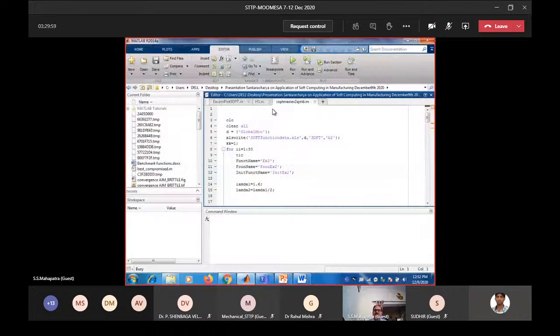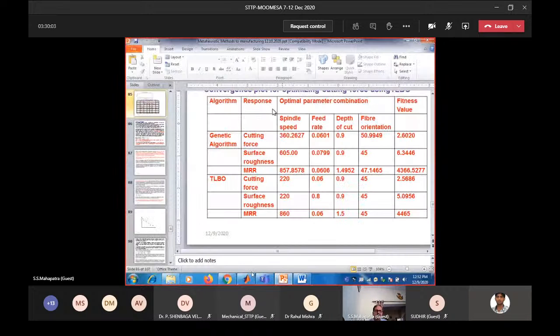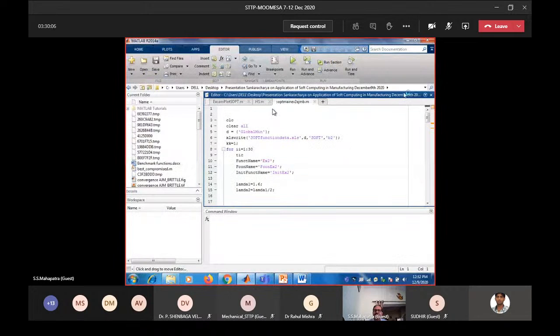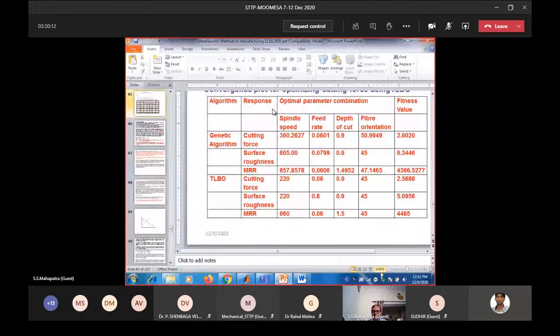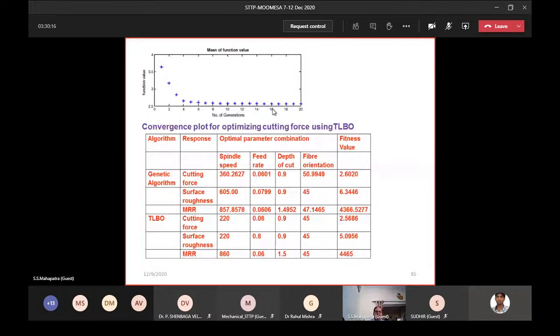So still that is continuing, not solved yet. So here in this problem, TLBO is superior to genetic algorithm in all aspects.